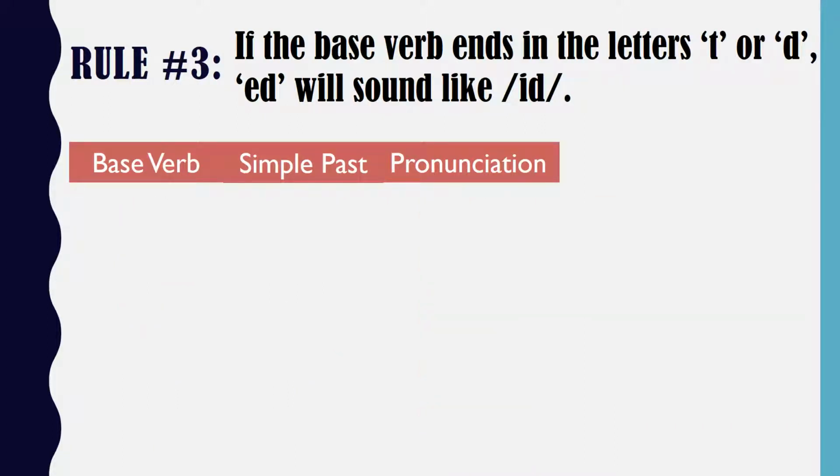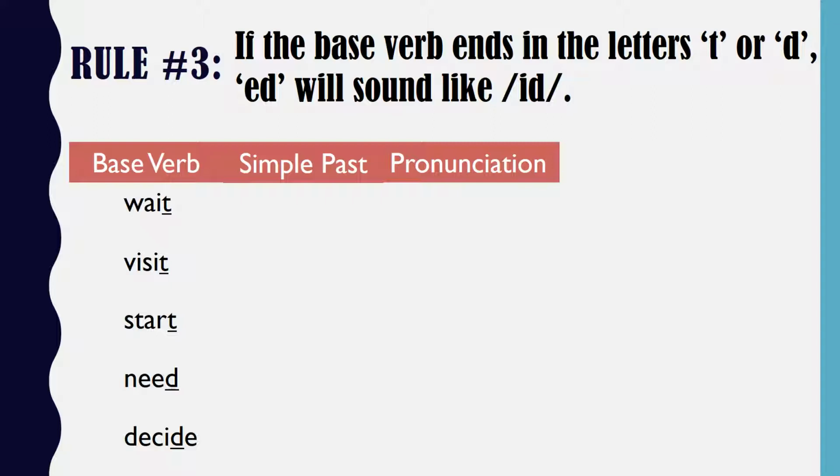The third possible sound ed makes in the simple past is id. This is when you add an extra syllable to a word. We only pronounce ed endings like this when the base verb finishes in a T or a D. For example, all of these words finish in a T or a D in their base form: wait, visit, start, need, and decide.